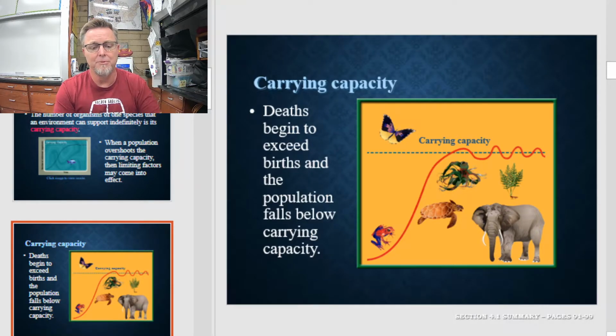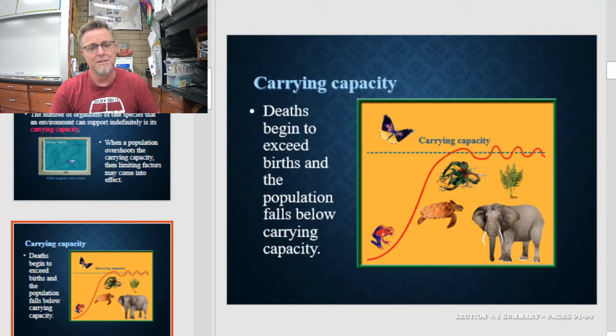So if you look at carrying capacity through a little bit more accurate lens than the graph I showed you before, this is what carrying capacity really looks like. It's kind of a boom-bust mentality here, where a population will reproduce, make more individuals than actually the environment can support. Something bad happens, drives that number down below carrying capacity, and then in the subsequent seasons, they work their way right back up.